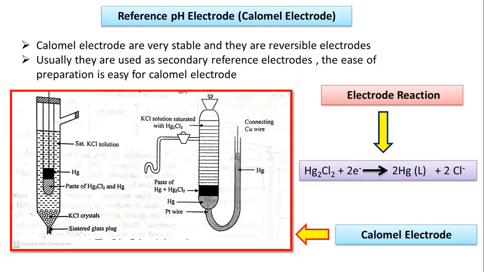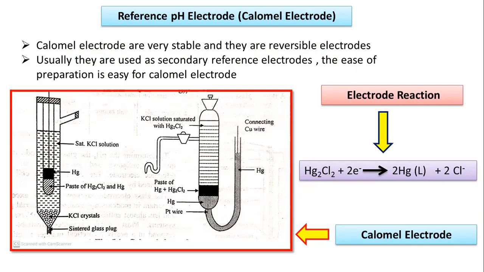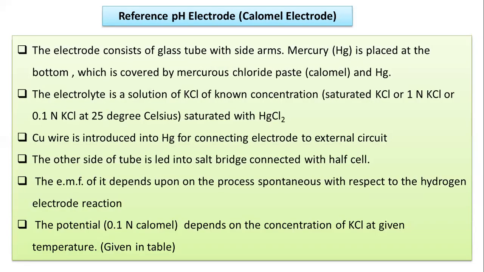So the electrolyte, whatever we are using here, is the KCl solution whose concentration is already known, that is 0.1 normal KCl at 25 degrees Celsius, and that is saturated with the HgCl2. So HgCl2 is already used here in association with the standard solution. 0.1 normal KCl solution is inserted inside the electrode.